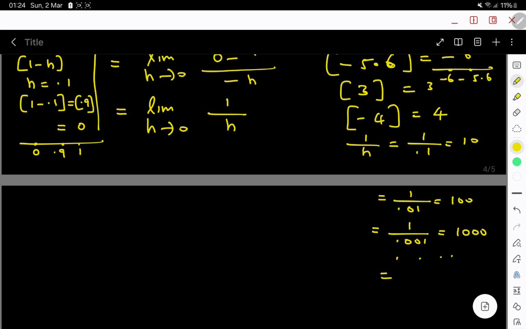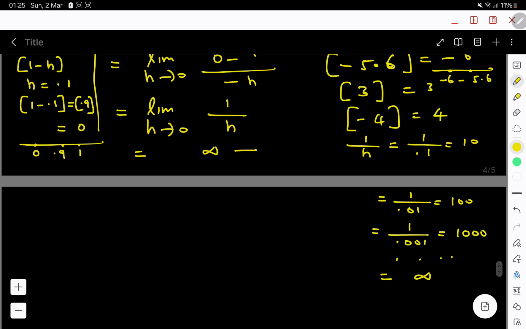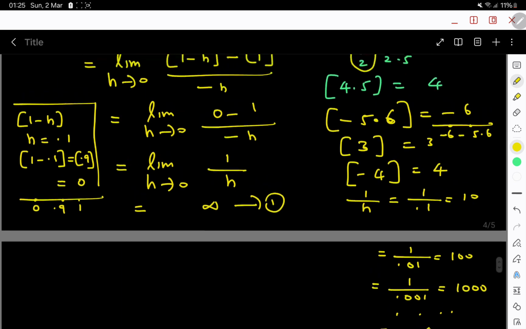So when h tends to 0, 1 by h tends to infinity, though h is not exactly equal to 0. It is nearer to 0, h always takes a positive value, it approaches 0. Taking h value as 0.0001, 1 by 0.0001 is a very huge value, that value is infinity, take it as 1. Did you understand?